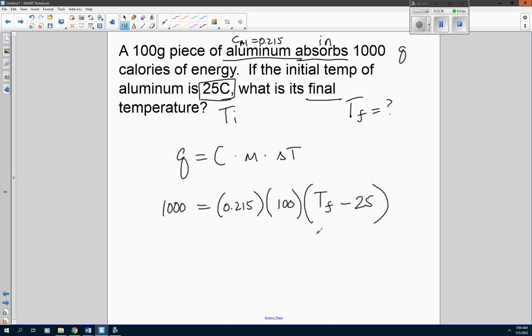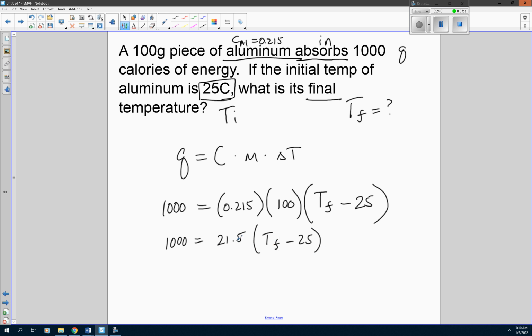So alternatively, you could try to rearrange this equation to solve it. But what I want to do is I just want to solve for TF directly. So I'm going to multiply 0.215 times 100. So I get 1,000 equals 21.5 times TF minus 25.